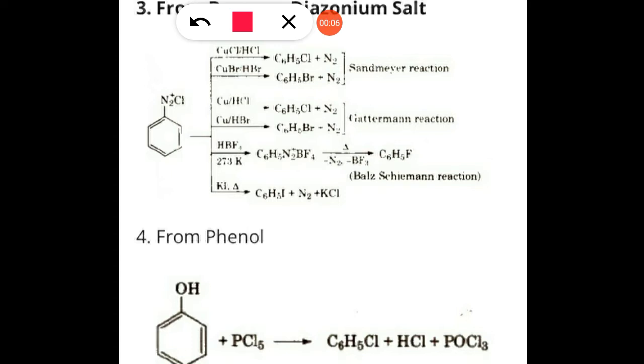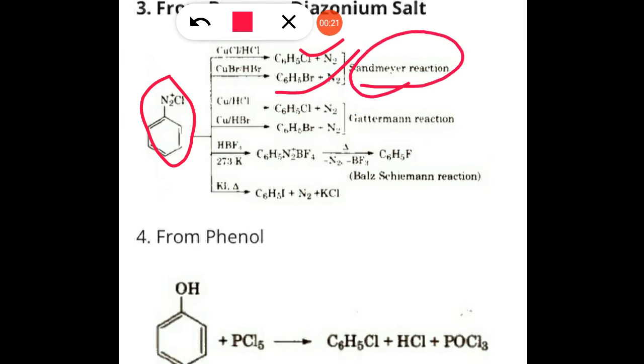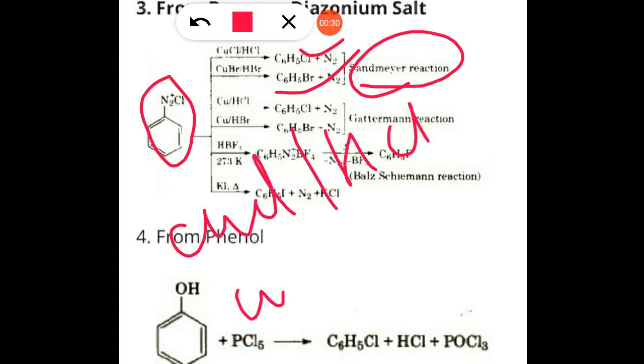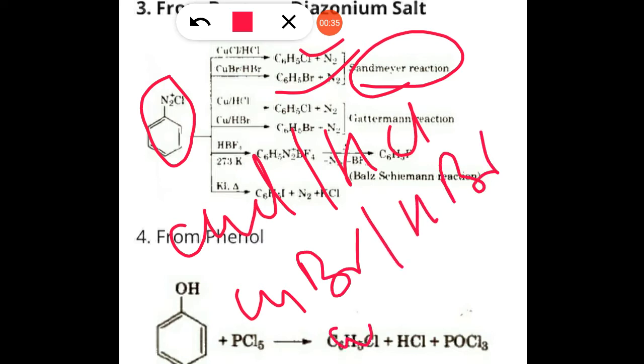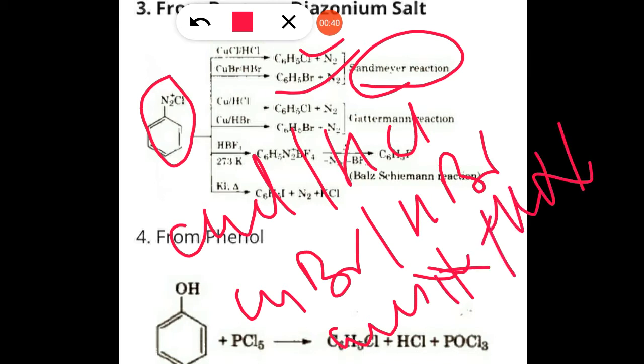Now, diazonium salt. From diazonium salt we will prepare chlorobenzene, bromobenzene, and cyanobenzene, and that is given by the Sandmeyer reaction. So simply, students, you have to remember that in the Sandmeyer reaction, CuCl in HCl, CuBr in HBr, CuCN in HCN, right?